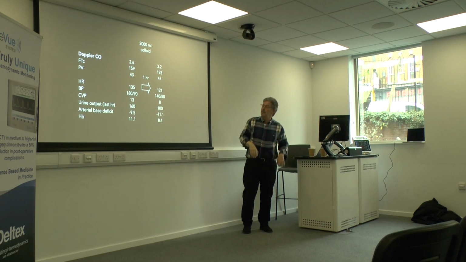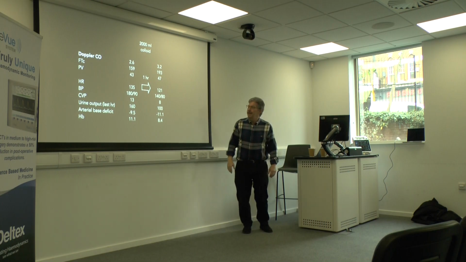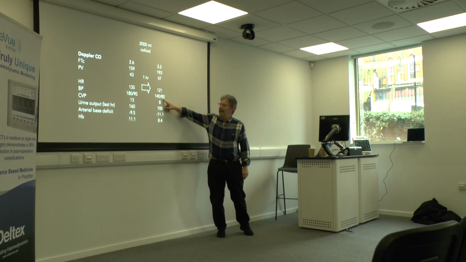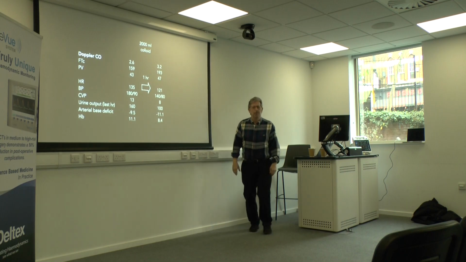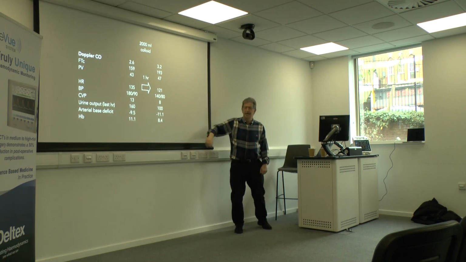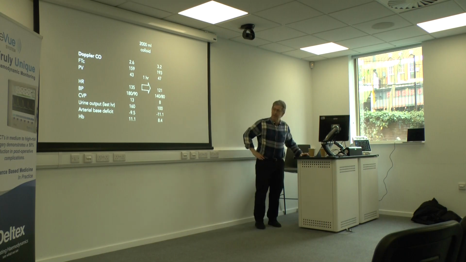The corrected flow time was better, still subnormal. The heart rate was a bit down. The blood pressure was still lower, but good. CVP, despite the fluid, lower. He was still peeing well, more acidotic. Obviously giving him fluid was right because of blood loss, but he was diluting down his haemoglobin.